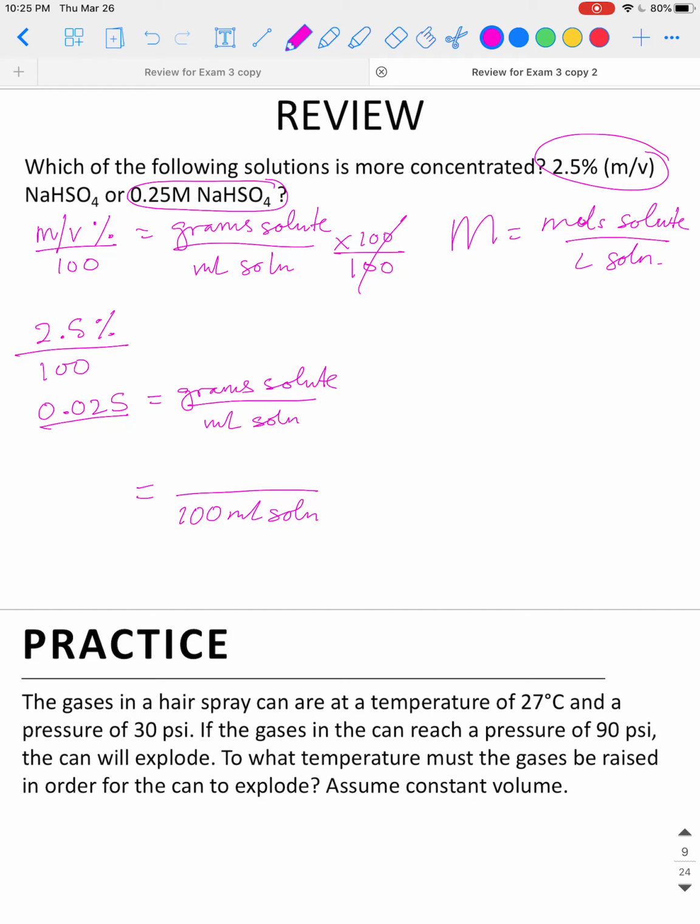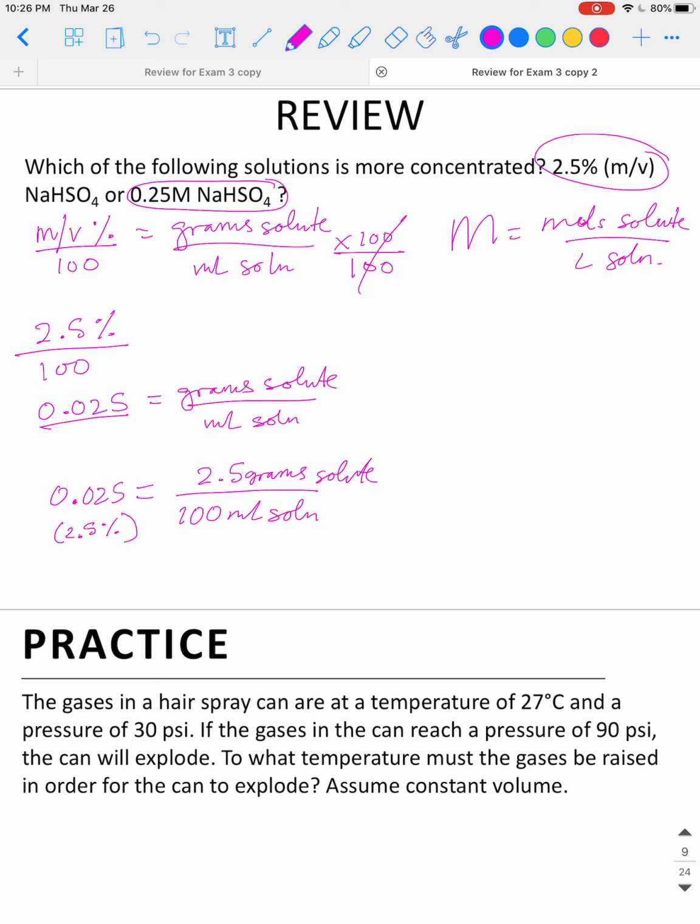If we have 100 milliliters, then what number divided by 100 would give us 0.025? Well, we actually just did that math. It would be 2.5 grams. If we have 2.5 grams of solute in 100 milliliters of solution, we will get a concentration of 0.025, which is the 2.5%.